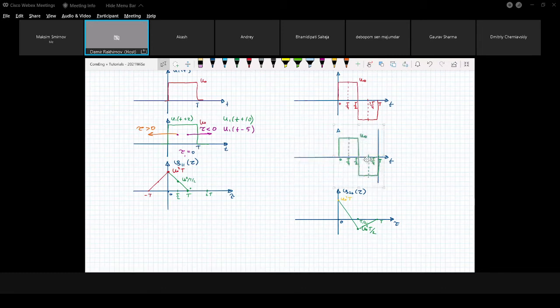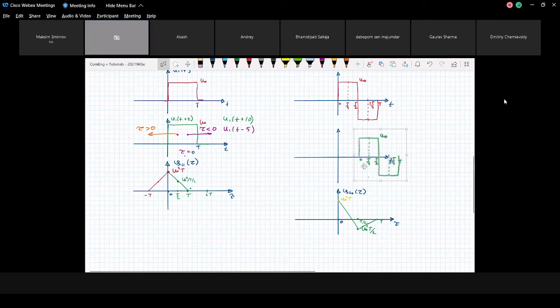Okay, and we can do the same experiment considering correlation for negative delays. So our starting point, and then we start to move to the left, to negative delays. And when we reach the point minus t over 2, again we get that correlation equals minus u0 squared times t over 2.